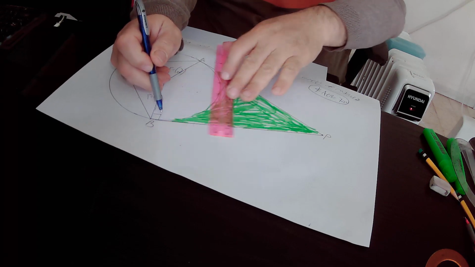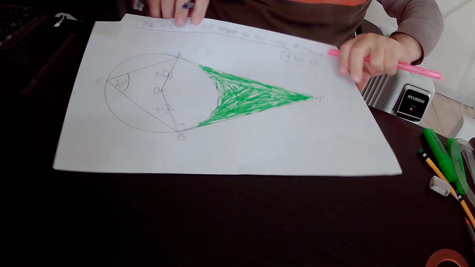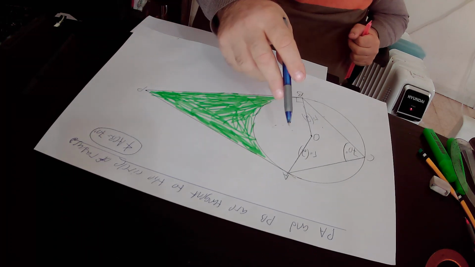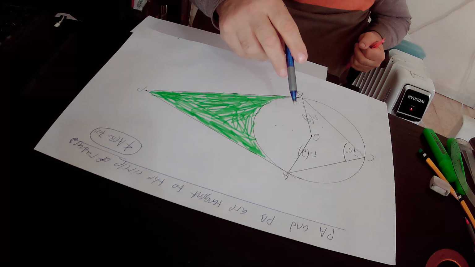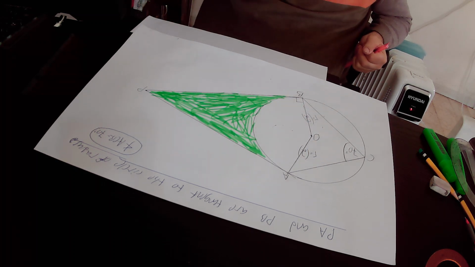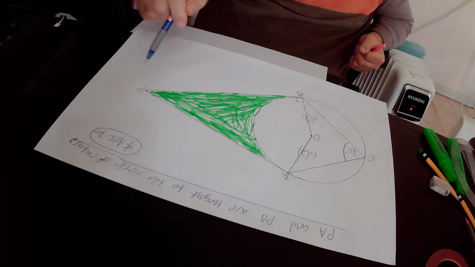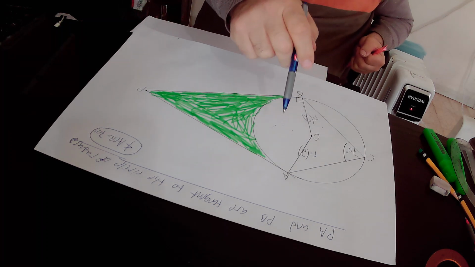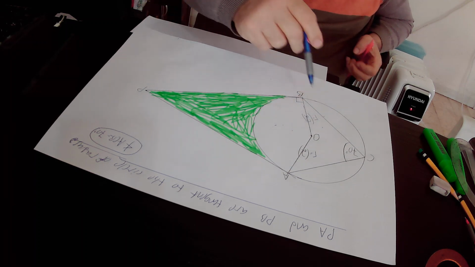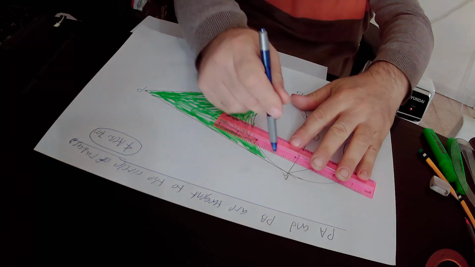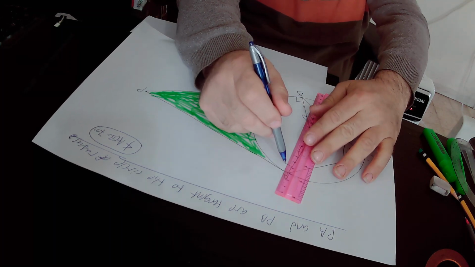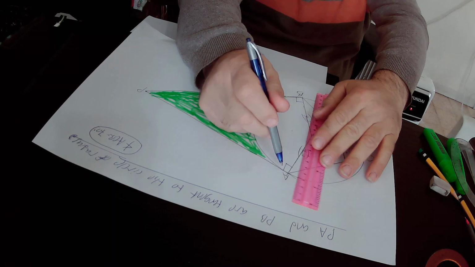Likewise, according to the same rule 1, we have the radius OA drawn to point A, the point of tangency of tangent PA with this circle. Tangent PA will be perpendicular to the radius AO. If PA is perpendicular to AO, it means that this angle equals 90 degrees, according to the same rule, rule 1.